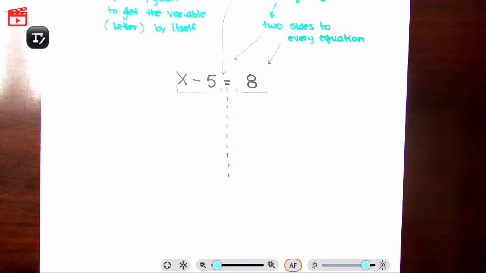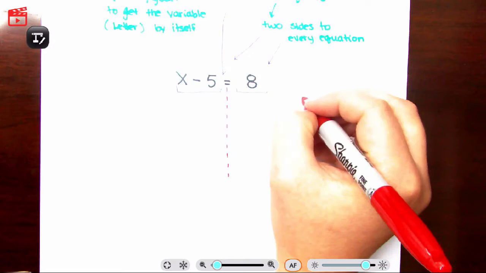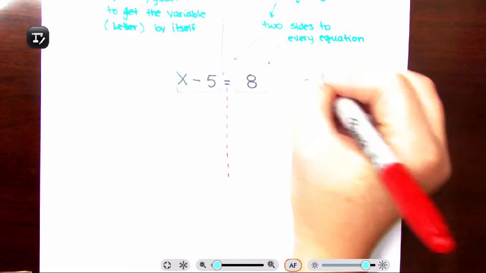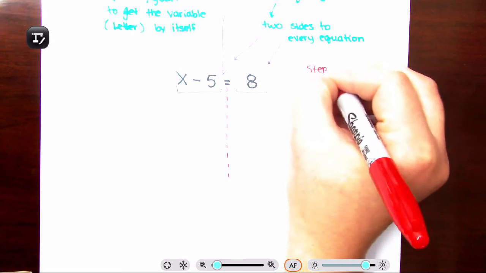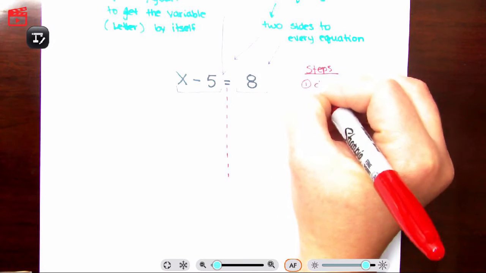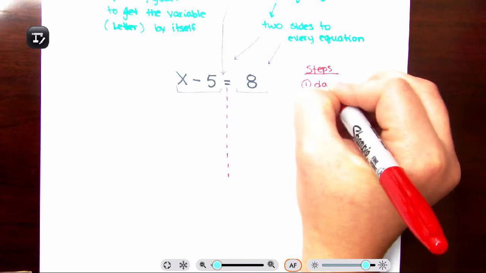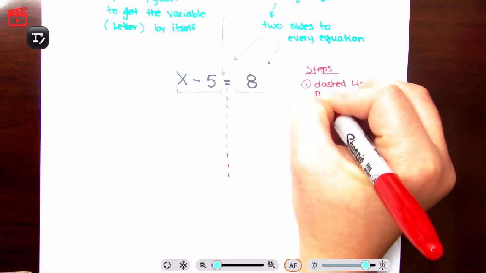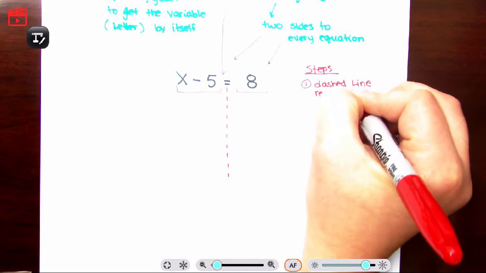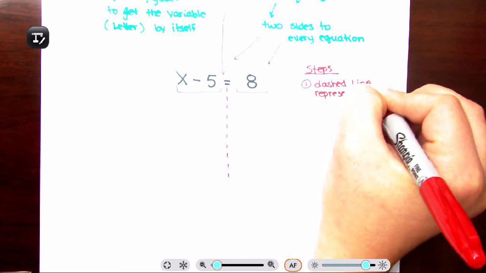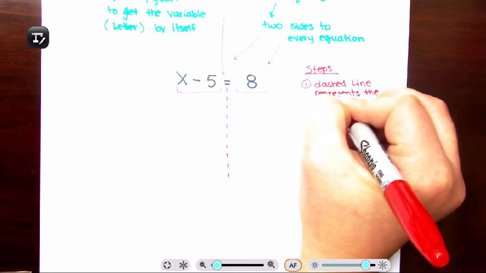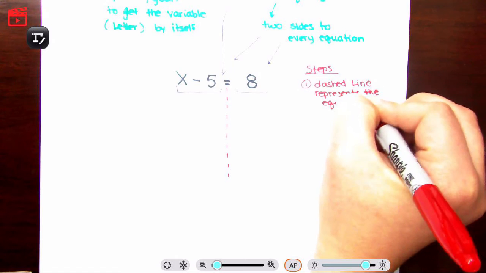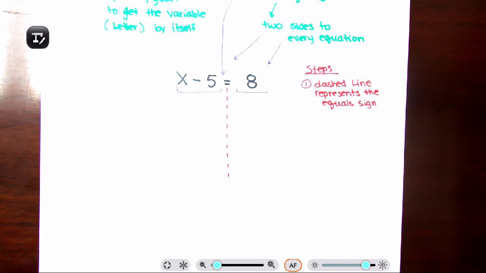So every step, so let's do here, step number 1. You have a dotted line or a dashed line, and it represents the equal sign.